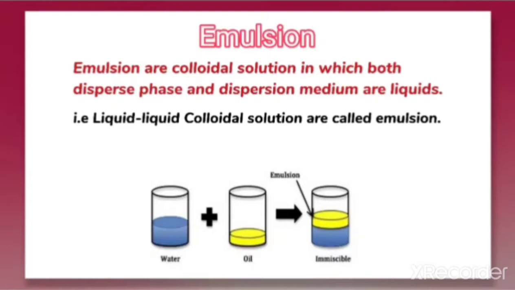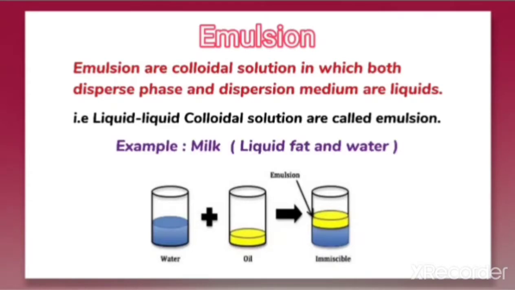You can see when oil and water are mixed, two layers are formed because these are immiscible. So here the example is milk, where the liquid fat and the water are both liquids and they get mixed up, and this is called an emulsion.